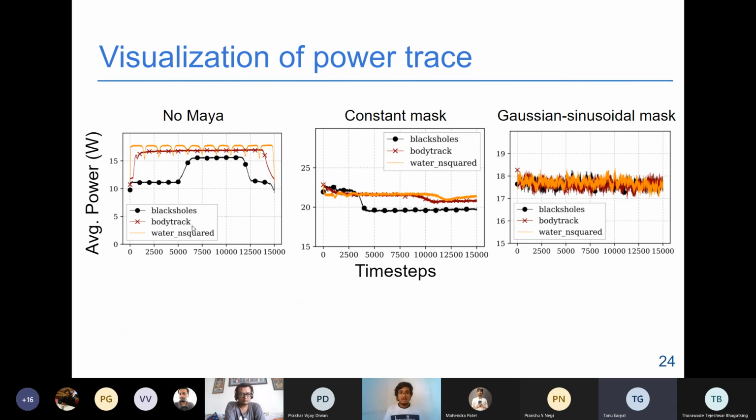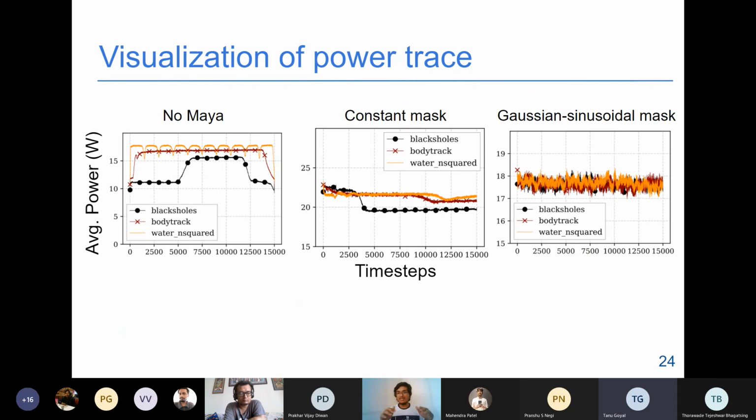In the leftmost graph, which is the scenario where there was no Maya, the plots are very distinguishable, and you can easily find out which application might have been running on the computer. In the middle plot, you see that the controller has tried to bring the measured power to a constant level.